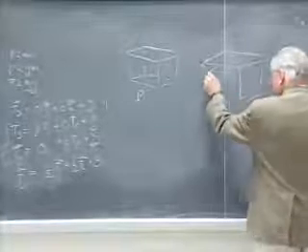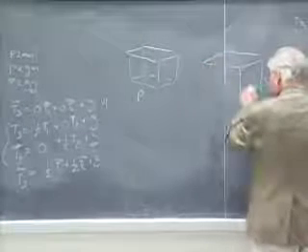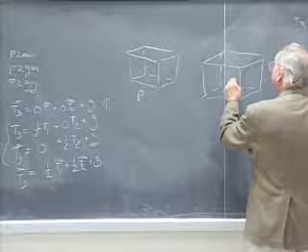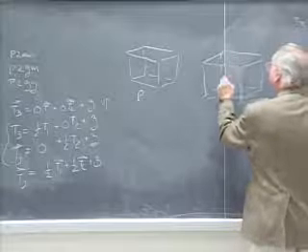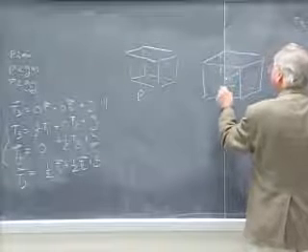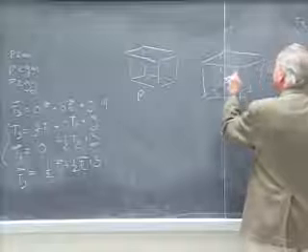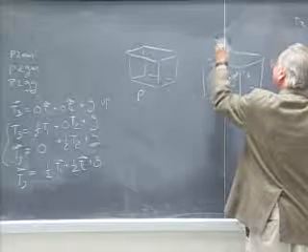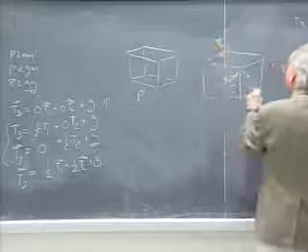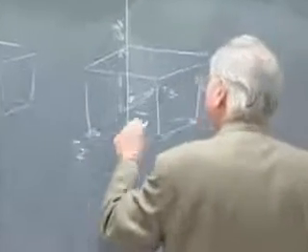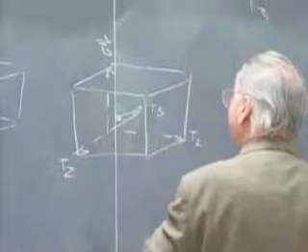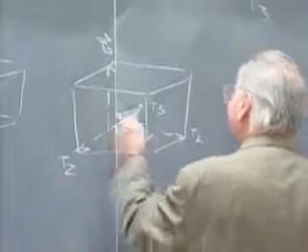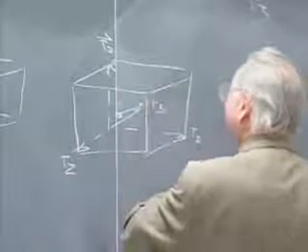which can again be redefined. This was the original T3, in terms of a T3 prime, which is equal to 2T3 minus T1 or T2.